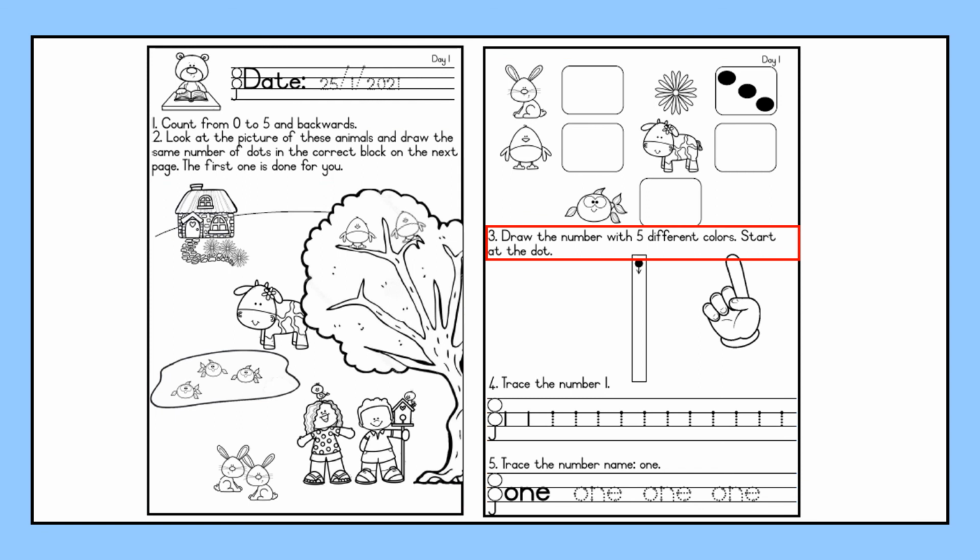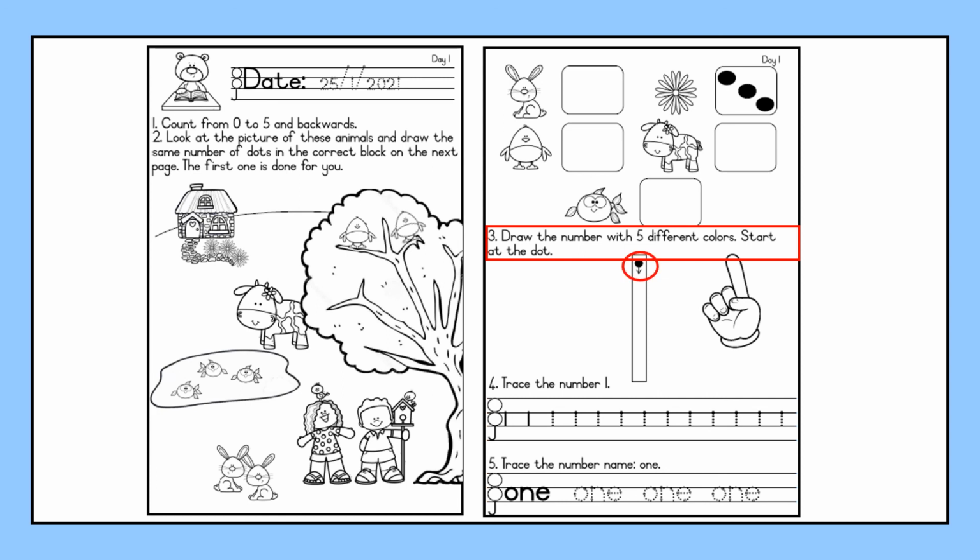The next activity. Draw the number with 5 different colors. Start at the dot. Can you count out 5 pencils? You can also use your wax crayons for this activity. Remember our rhyme. Number 1 is like a stick, straight line down, that is very quick.